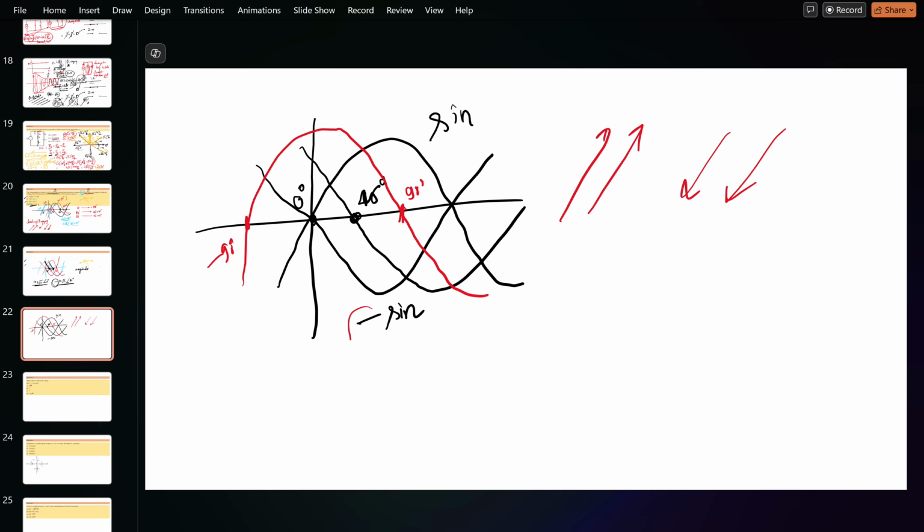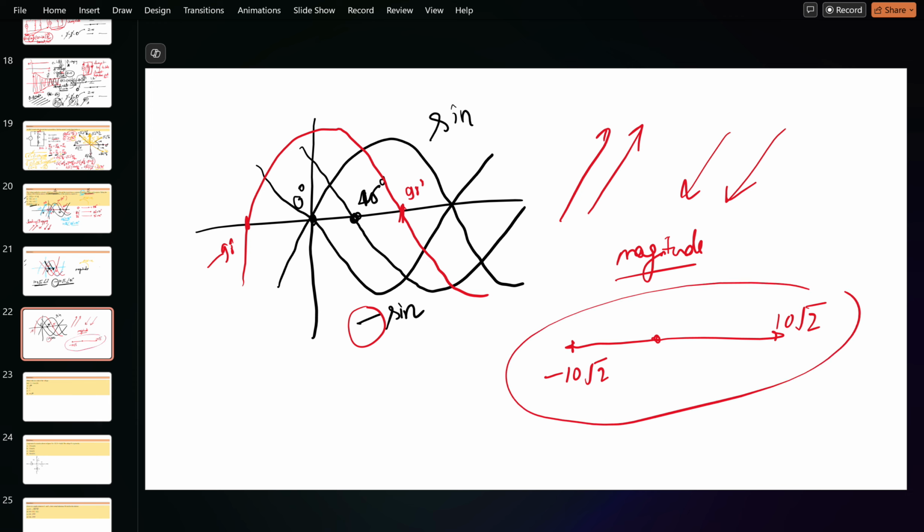Minus sign means negative, which means magnitude-wise I am changing. I changed the magnitude to see whether it is coming leading or lagging. Because the phasor is already there, 10 root 2, I wanted to show how it looks when it is minus 10 root 2. This is the visualization.